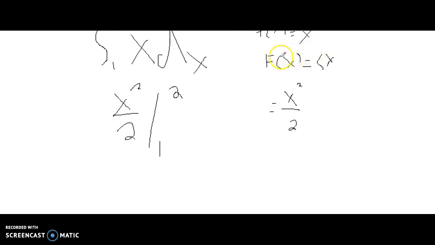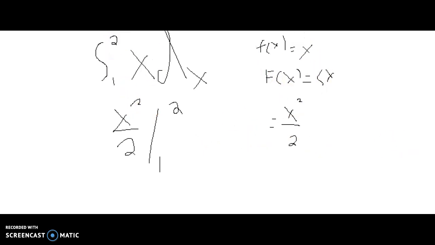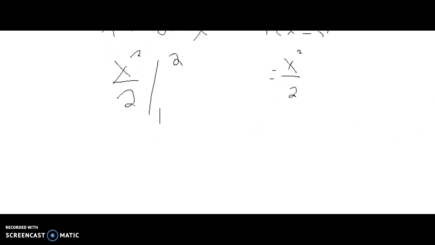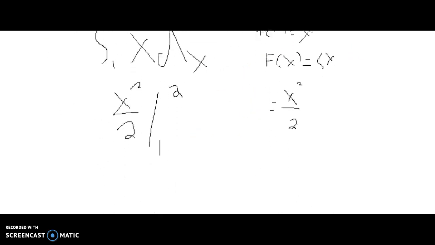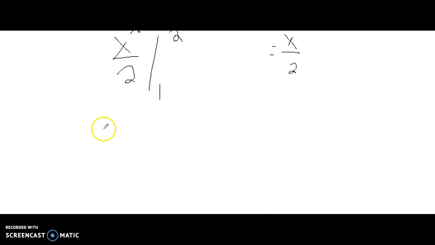So we have our antiderivative, which is x squared over 2, and we also have the value of a and the value of b up here, 2. So now we're going to plug this into what we have here, F of b minus F of a. So what F of 2 minus big F of 1 is going to equal?